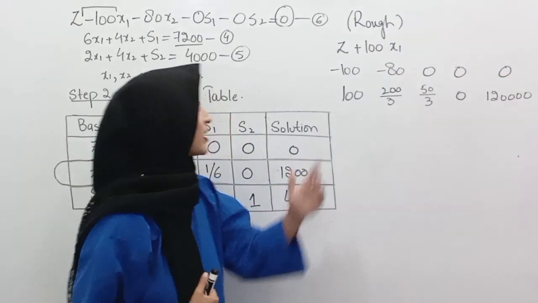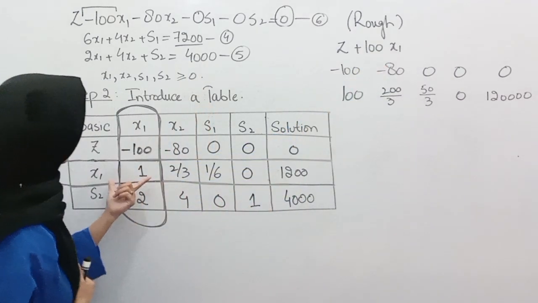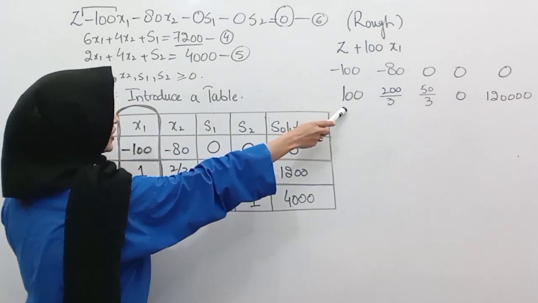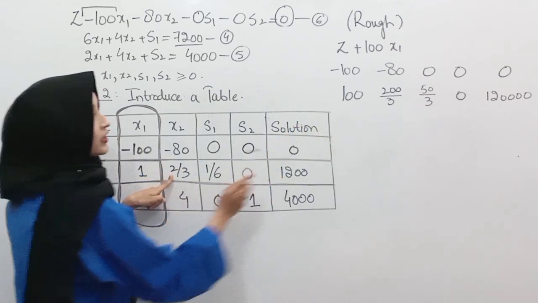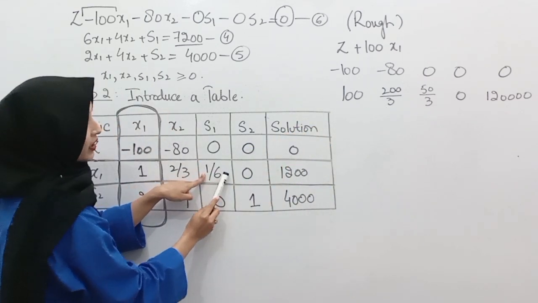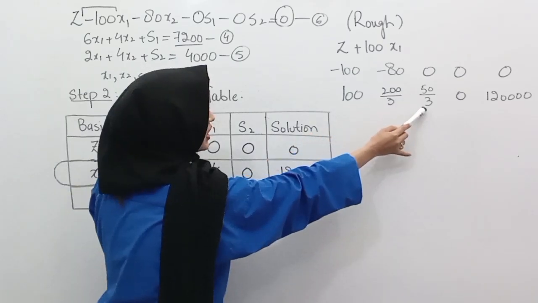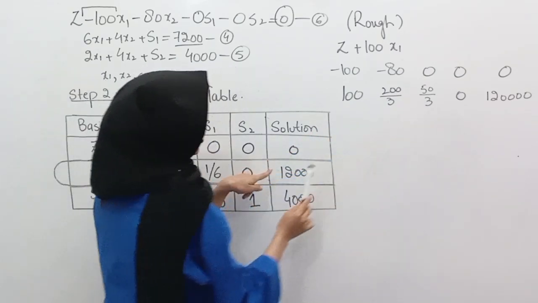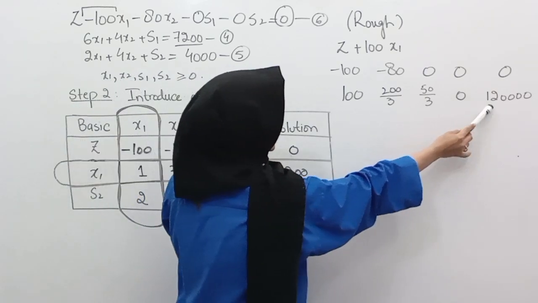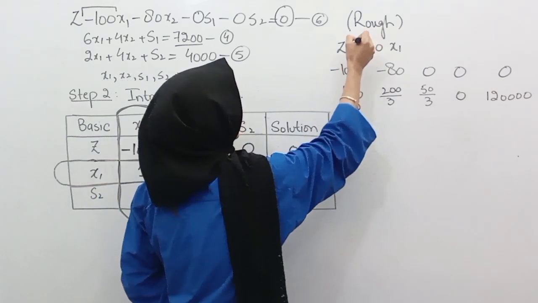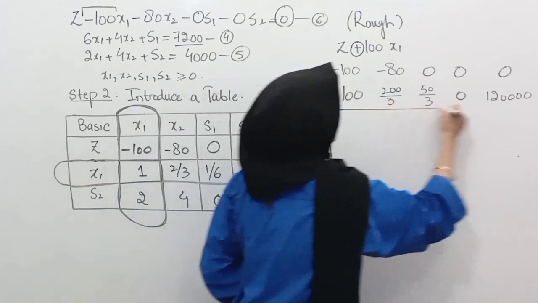And then multiply 100 by the complete row x1, which will give 100 into 1, 100, 2 by 3 into 100 gives 200 by 3, 1 by 6 into 100 gives 50 by 3 after simplification, and 0 into 100 gives 0. 1200 into 100 gives 1,20,000.